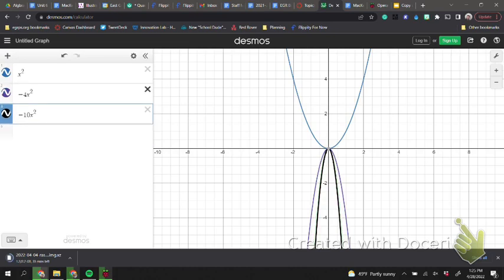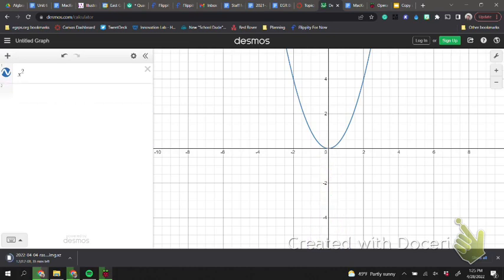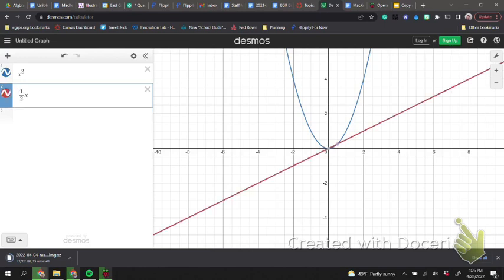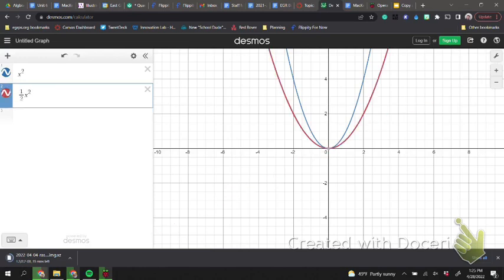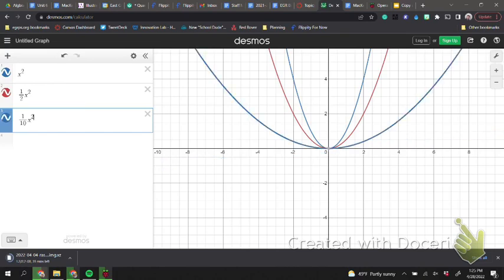Caleb got some ideas from this one and the last one where there's fractional. If I had 1/2 x squared, it's wider. So let's talk about the smaller than 1. When the coefficient gets to be a bigger number, it gets narrower. When it gets to be a smaller number, it makes sense that it's going to be wider. So here's 1/10 x squared.